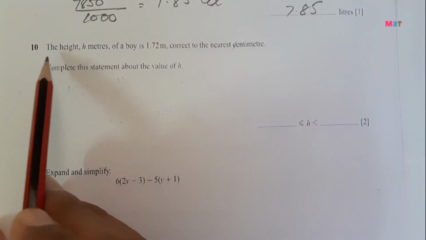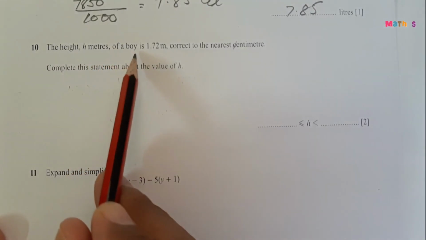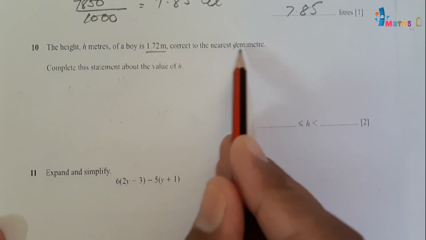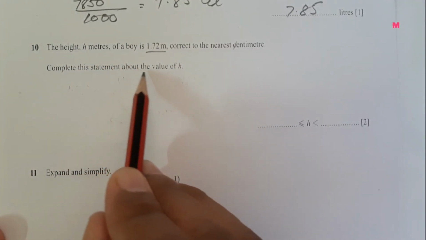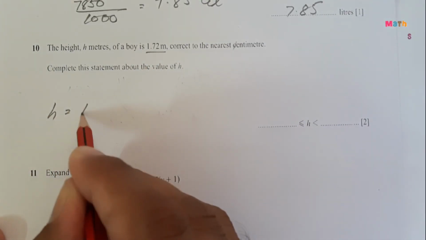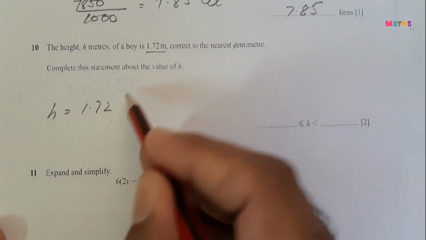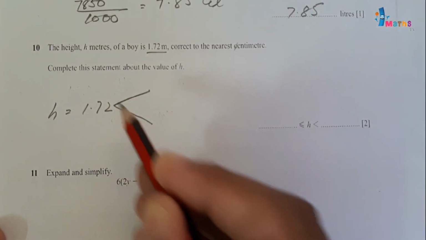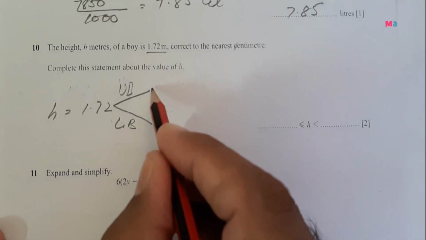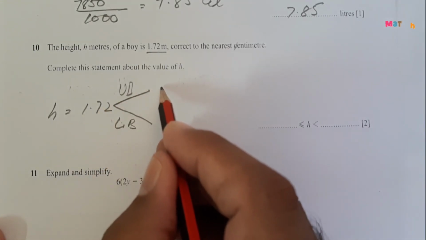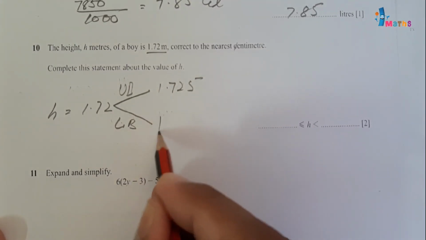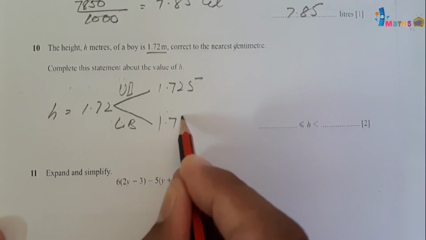Question number 10. The height h meters of a boy is 1.72 meter, correct to the nearest centimeter. Complete this statement about the value of h. So value of h is equal to 1.72. We'll have to find the upper bound and the lower bound. So upper bound will be 1.725 and lower bound will be 1.715.